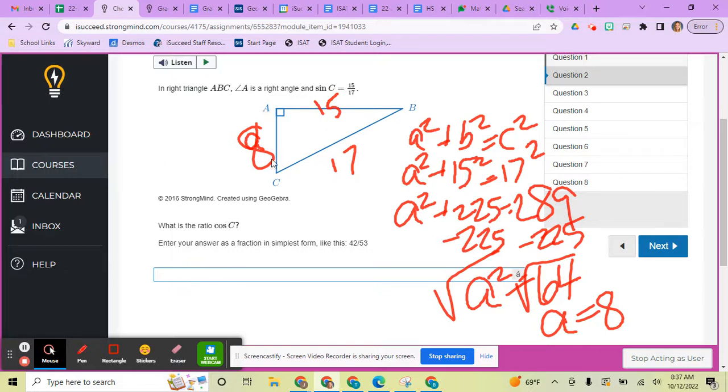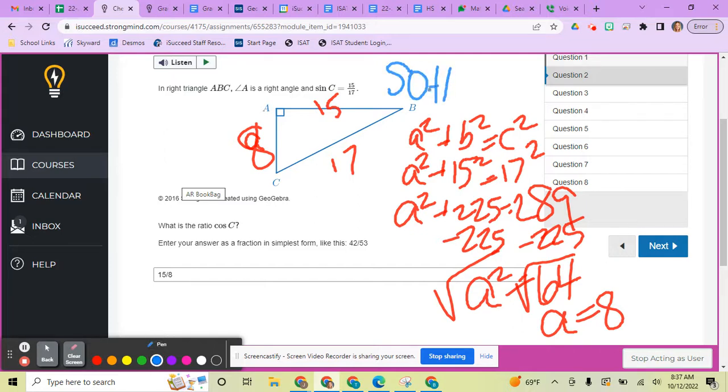Cosine of c, cosine is opposite over adjacent. So 15 over 8. And the way I know all of these sine, cosine, and tangent, hopefully you remember this little acronym. Oh, actually, I realized I just did the cosine one wrong.